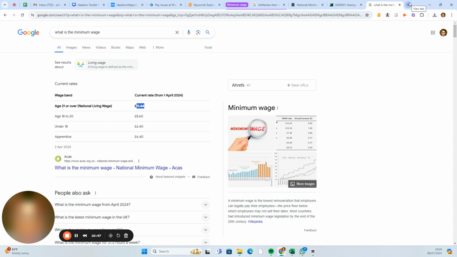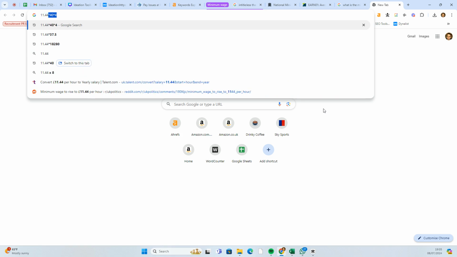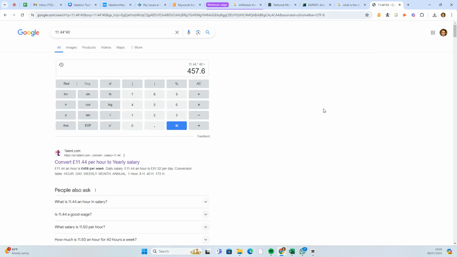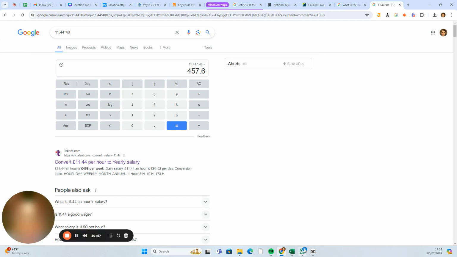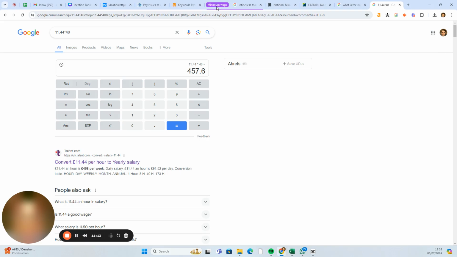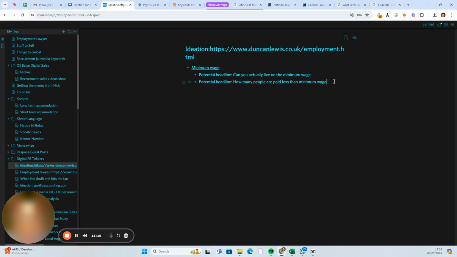There are 40 working hours in a week, so you go 11.44 multiplied by 40. That's 457. So 457 is higher than these, which suggests that there are some people being paid less than the minimum wage. So there's a story here: how many people are being paid less than the minimum wage?